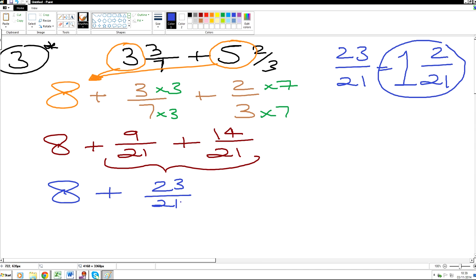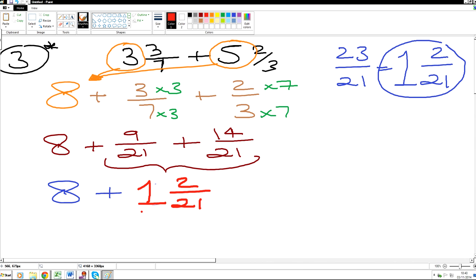I think we should just rub it out and put it in because we don't really have space. It's equivalent. That's equal to 1 and 2 over 21.